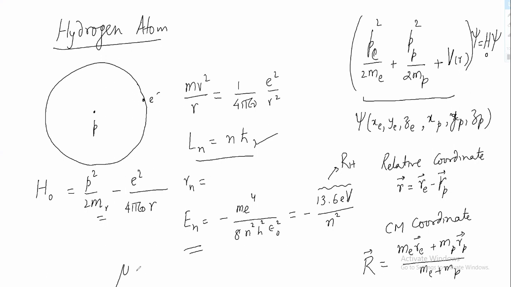And a reduced mass of the system, which is defined as 1 by mu equals 1 by m_e plus 1 by m_p, which is equal to m_e m_p by m_e plus m_p.